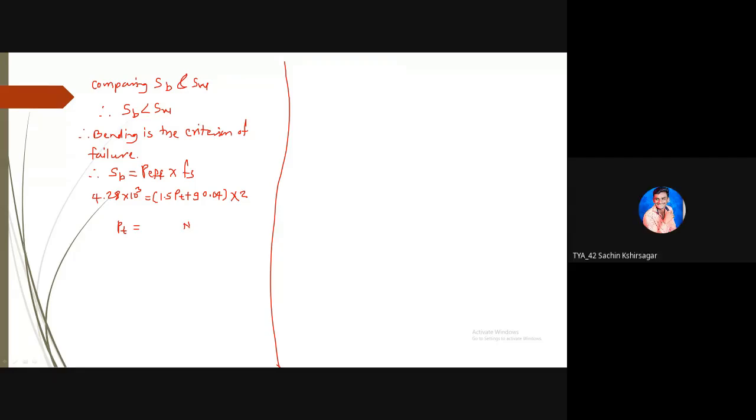1.36 into 10 raised to 3 Newton. Now from PT we will calculate torque transmitted.